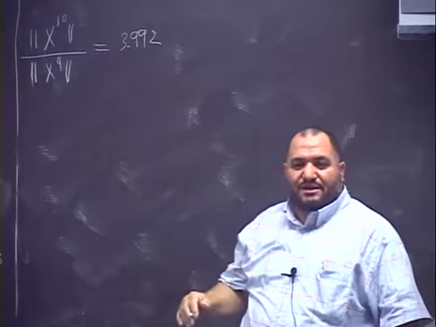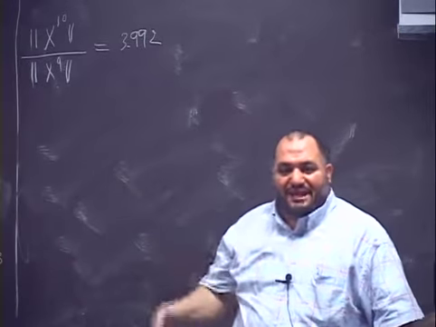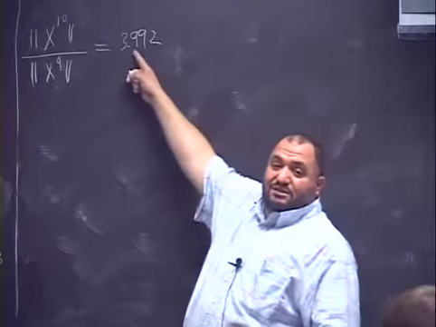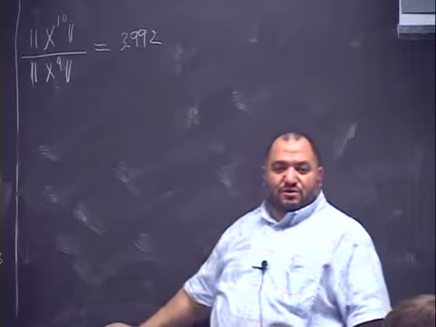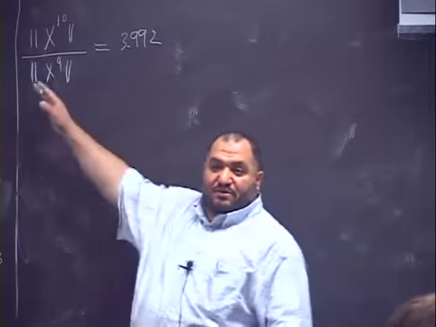So what does it mean? When n increases, the number of iterations increases, what happens is we are approaching what? 4. What's 4? The first eigenvalue. So this is the power method.